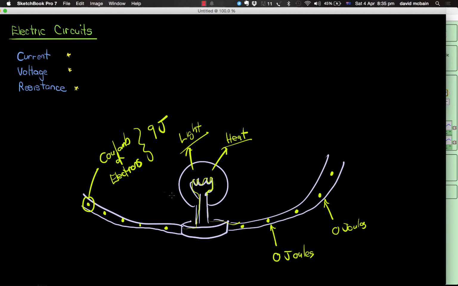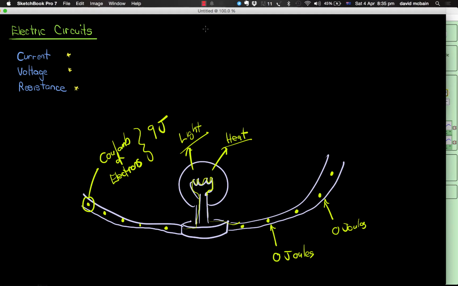Okay, so in this case then, we could say that this globe is consuming, for each coulomb that passes through it, 9 joules of energy. Now, the other thing I want to talk about is the idea of potential difference.